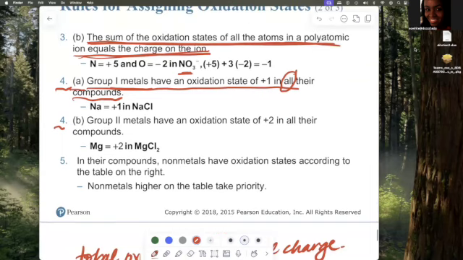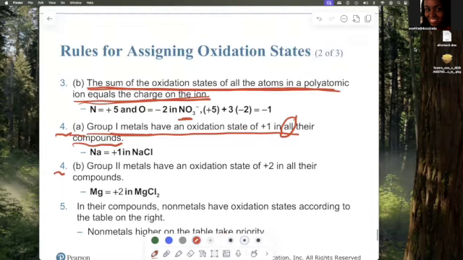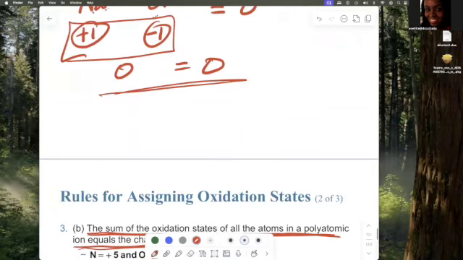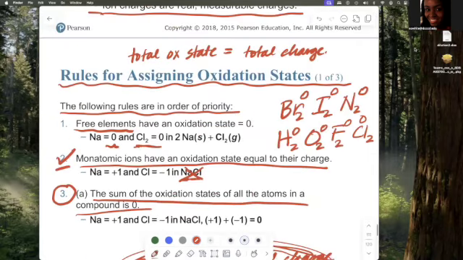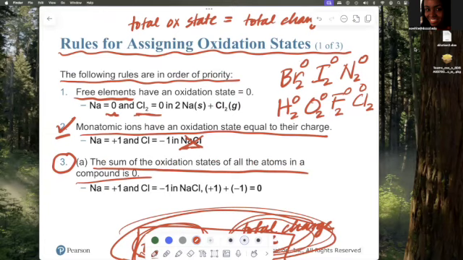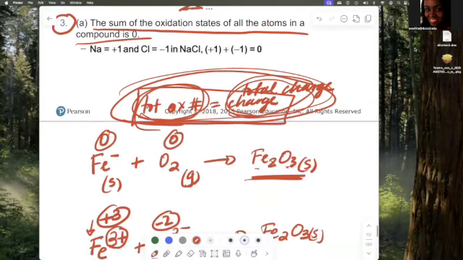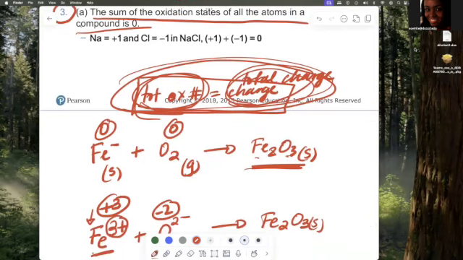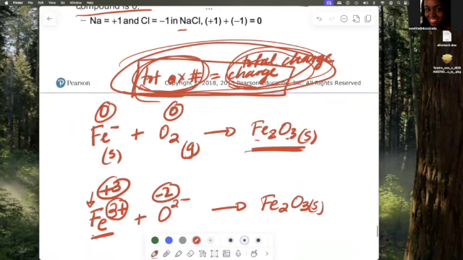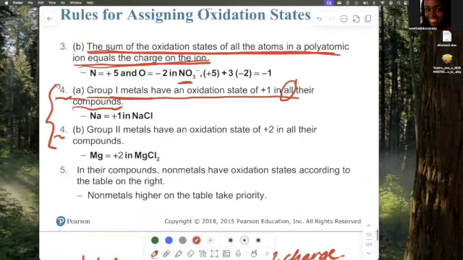So if I were writing the rules, which I am not, I will actually put rule number 4a and b right after rule number 2. Because when you're looking at 3a and 3b, you want to examine the compound you have first, and you want to ask yourself, does the compound have a group 1 metal? If it does, then you want to assign the oxidation states from left to right. And I'll show you how that plays out.